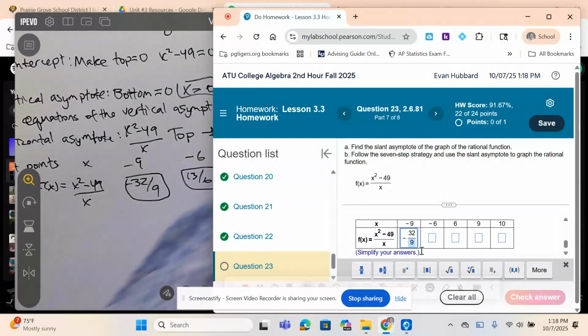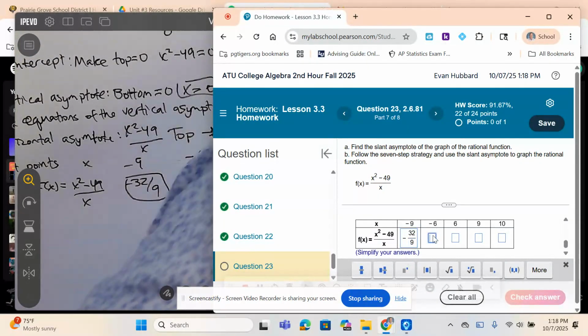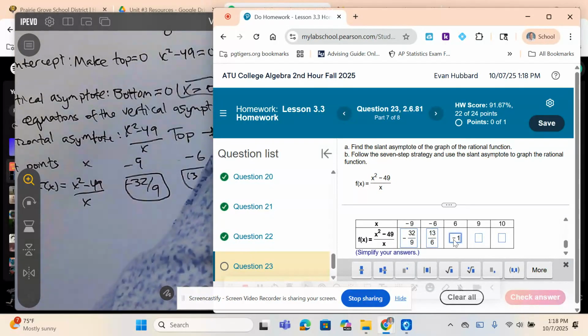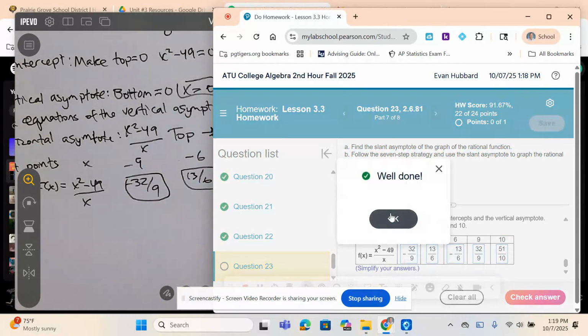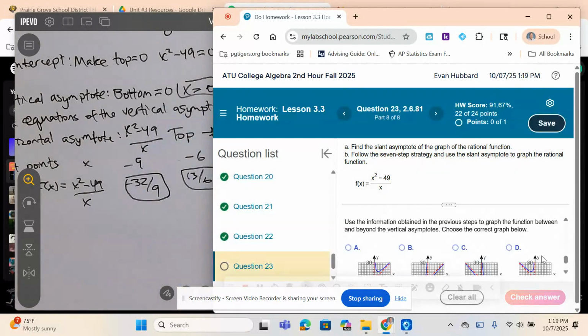I'll try to do the last one here, though. 13 sixths, -13 sixths, 32 ninths, and 51 tenths. Now graph it. We know what it's going to look like.